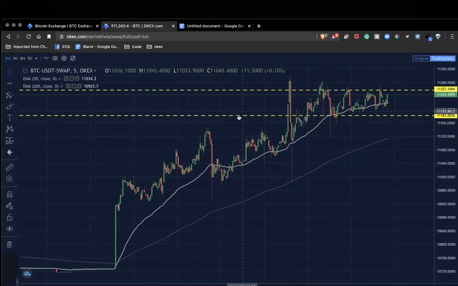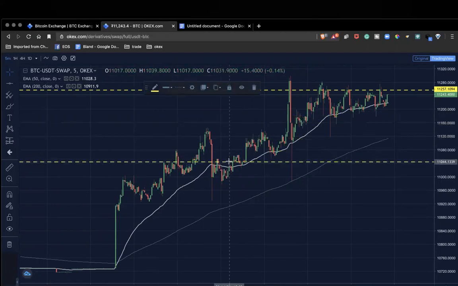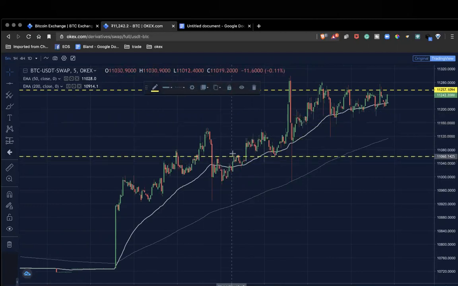This is the BTC USDT chart. Let me see if I can get an area. Yes, fantastic. At this particular point, it's sort of like a support, because the price came here but couldn't go down, then it went up again.